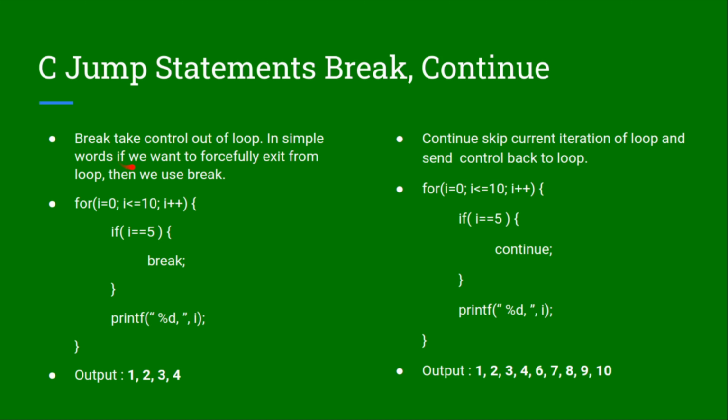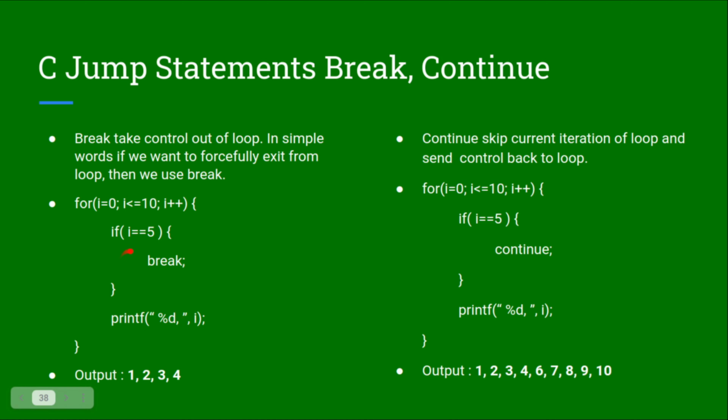In simple words, if we want to forcefully exit from a loop, then we use a break. For example, here we have a for loop, for i equal to 1, i less than or equal to 10, i plus plus. In the if condition we have i is equal to 5, and in the braces we have a break. It means when i is equal to 5, we will execute the break, and in the next line we are printing the value of i.